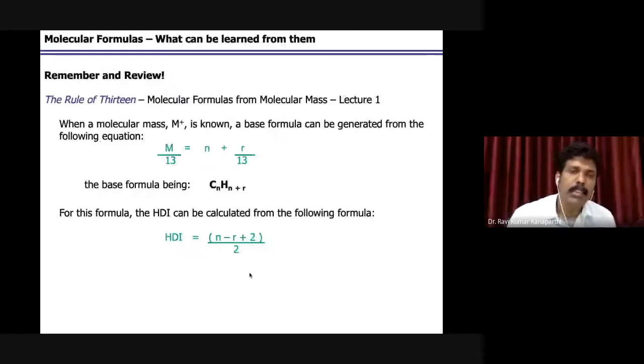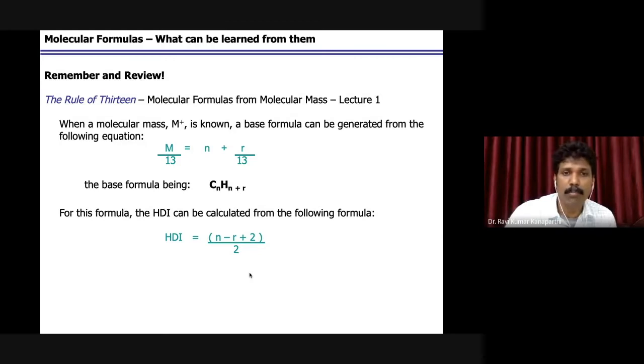The other is the rule of 13, which can be applied to say whether a particular peak is a fragment species or something else, and to find out how many carbons, nitrogens and hydrogens are there.